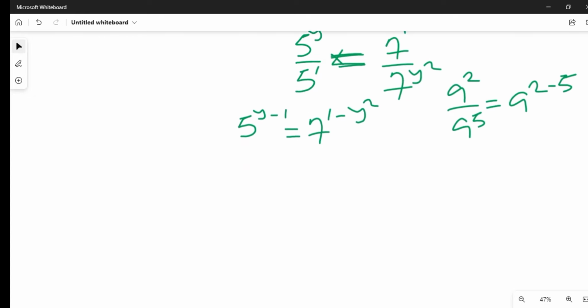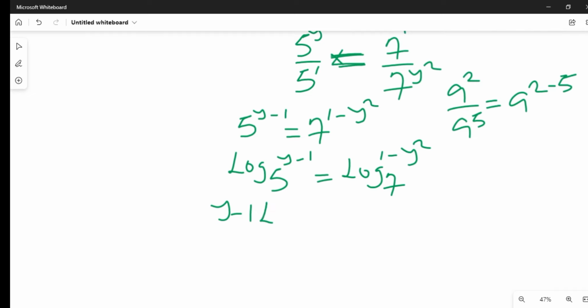Fine. So we're going to simplify this by taking the log of both sides. We'll have log of 5 raised to y minus 1 base 5 equal to log of 7 raised to 1 minus y squared base 7. So this will be y minus 1 multiplied by log 5 equal to 1 minus y squared multiplied by log 7.